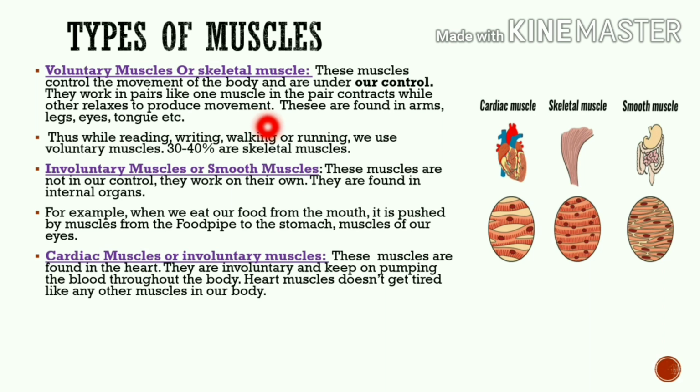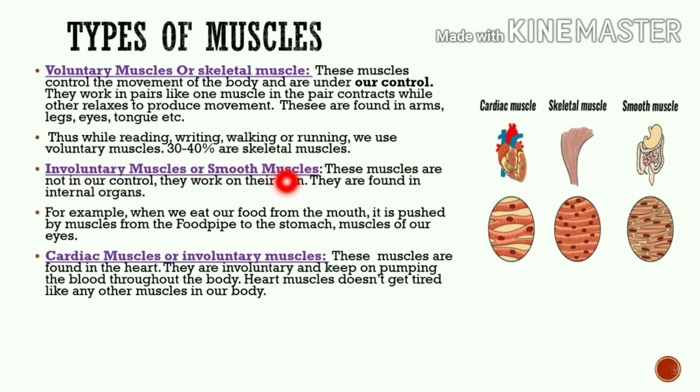So at one time, one muscle will contract and another will relax. These are found in arms, legs, eyes, tongue, etc. While reading, writing, walking or running, we use the voluntary muscles because they are under our control. About 30 to 40% of muscles are skeletal muscles.